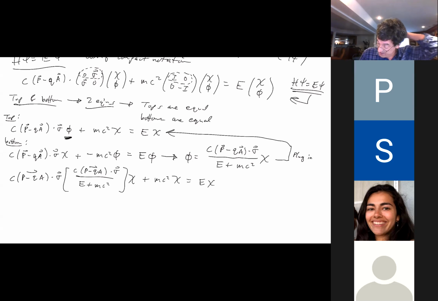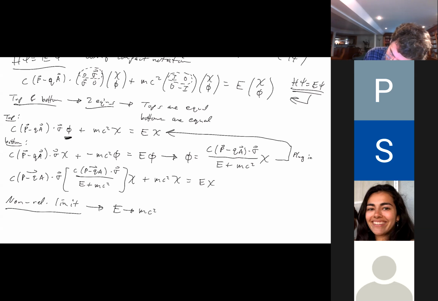Okay, does that look okay, folks? Just say yes. Yeah. Okay, so that looks okay, good. So now let's take the non-relativistic limit, which means that E goes to mc squared.